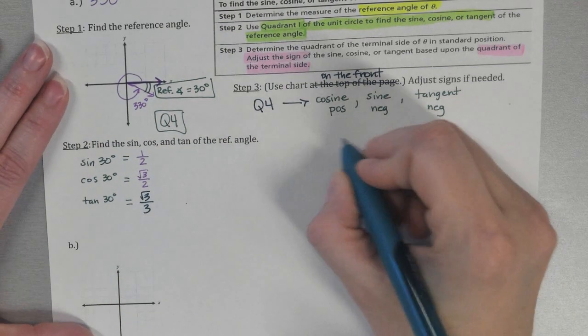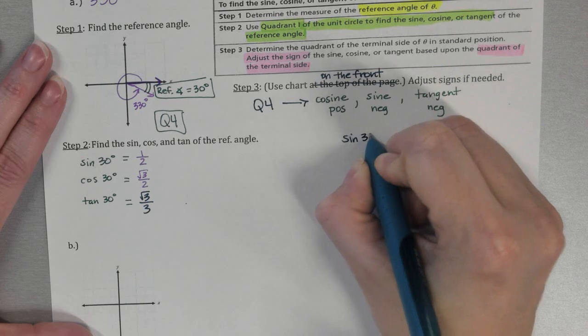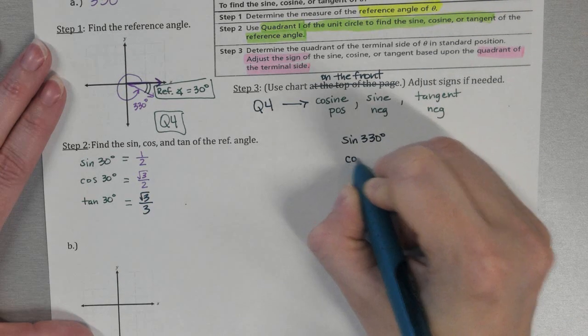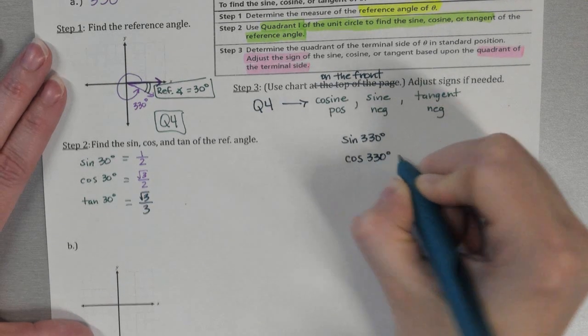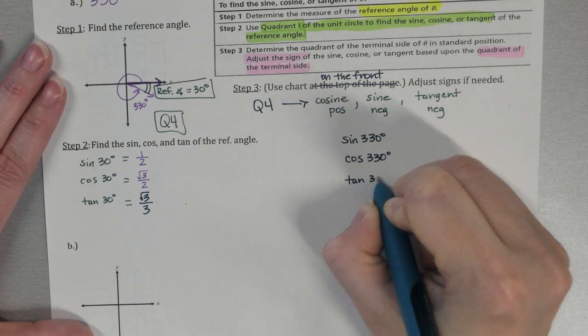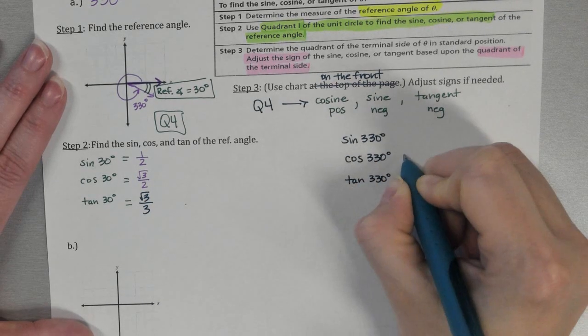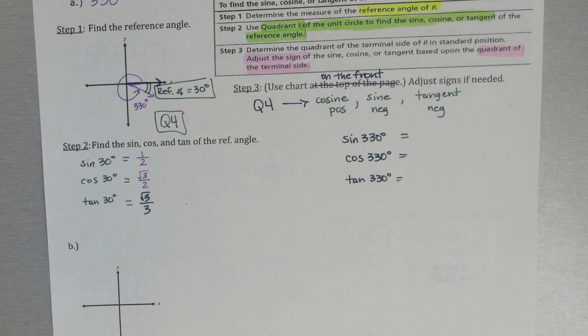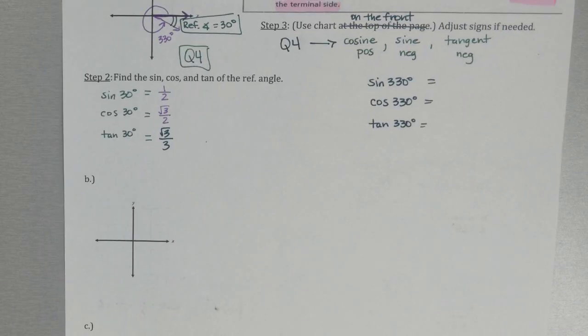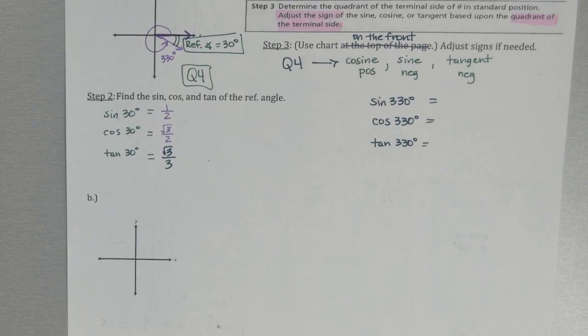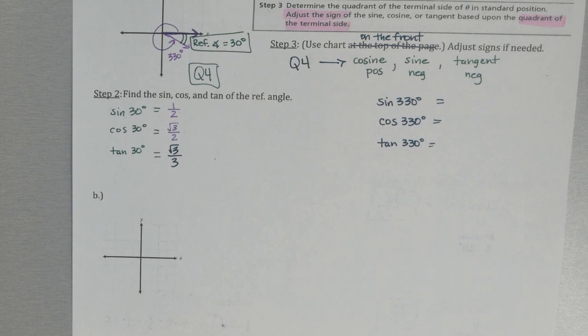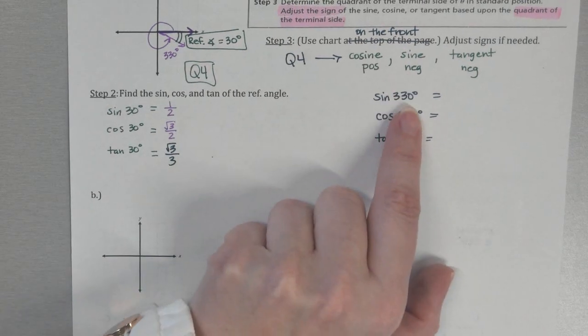So what we're going to write is the sine of 330, the cosine of 330, the tangent of 330, and all we have to do is adjust the signs. Okay, so your sine is negative, okay?